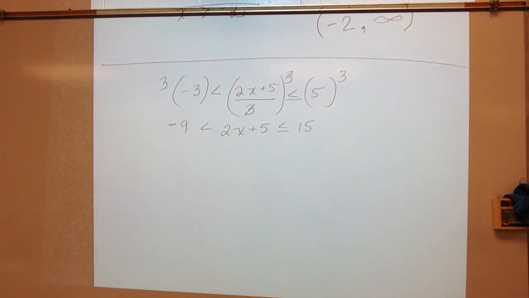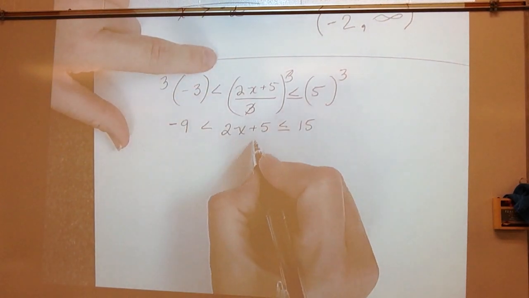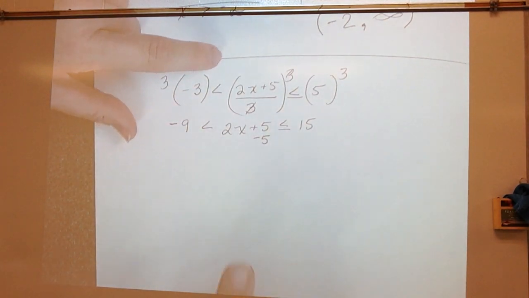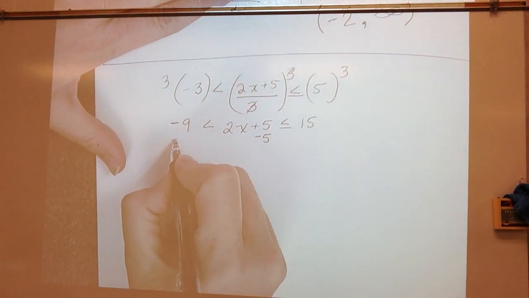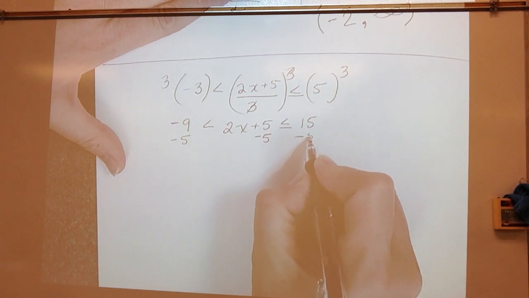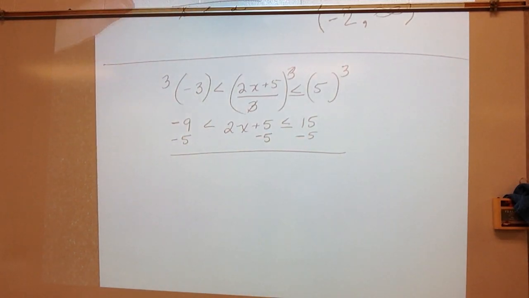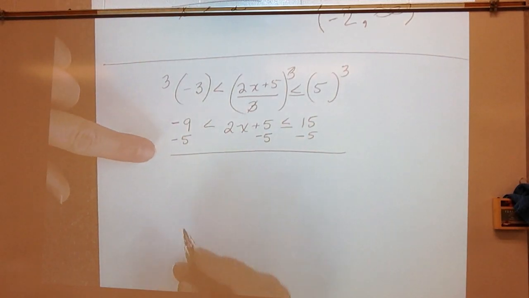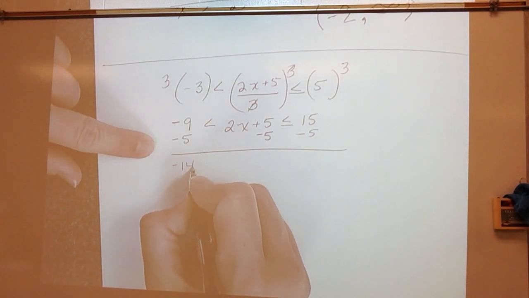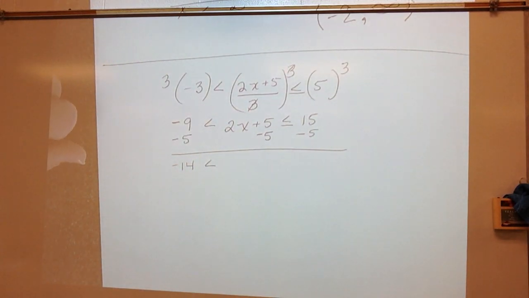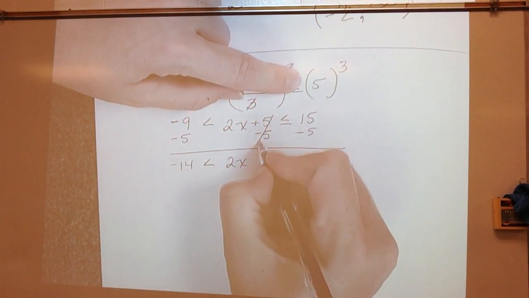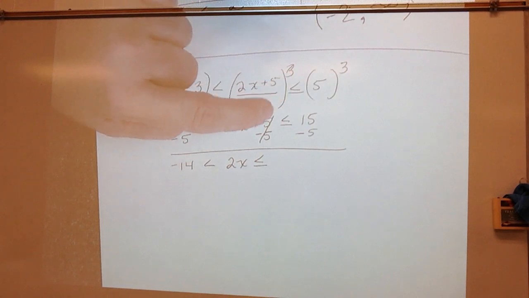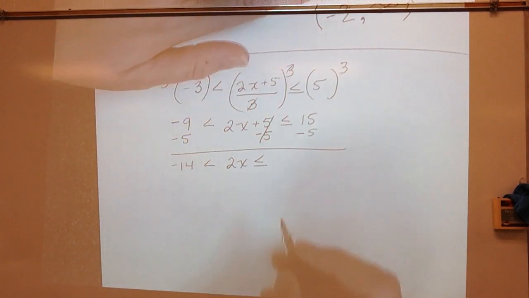All right, here's where this becomes a little different. When I subtract my 5, because my goal is to keep the x in the middle, I have to do it to all parts of the inequality. Negative 9 minus 5 is negative 14, is less than 2x, is less than or equal to 15 minus 5, which is 10.